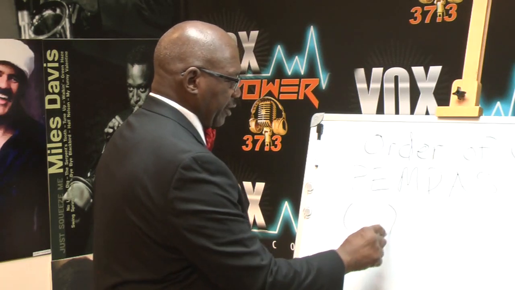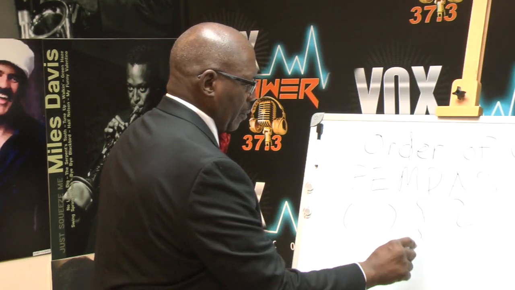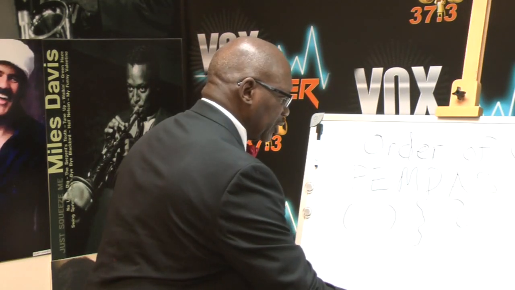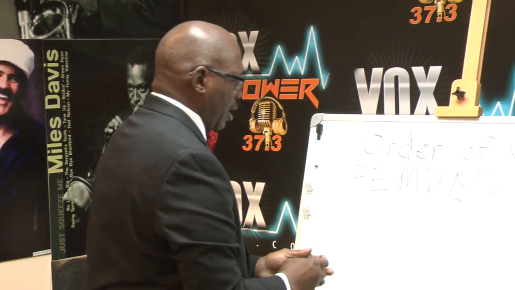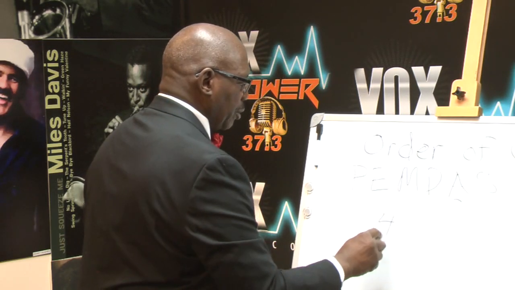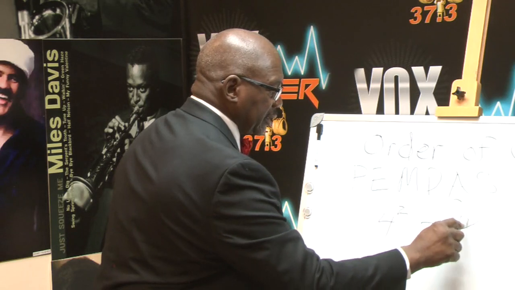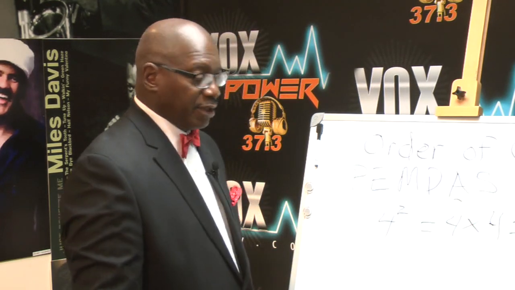They look like this, they could look like that, and so forth. Exponents. When I talk about exponents, it's a number raised to a power. 4 squared. 4 squared means 4 times 4, which is 16.